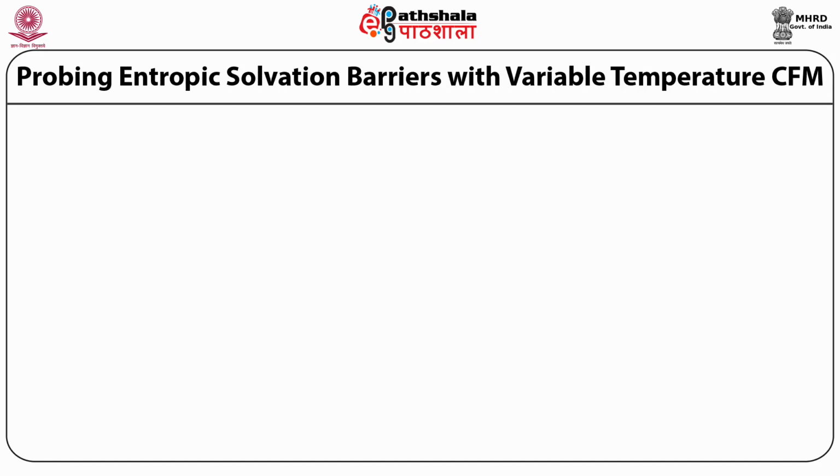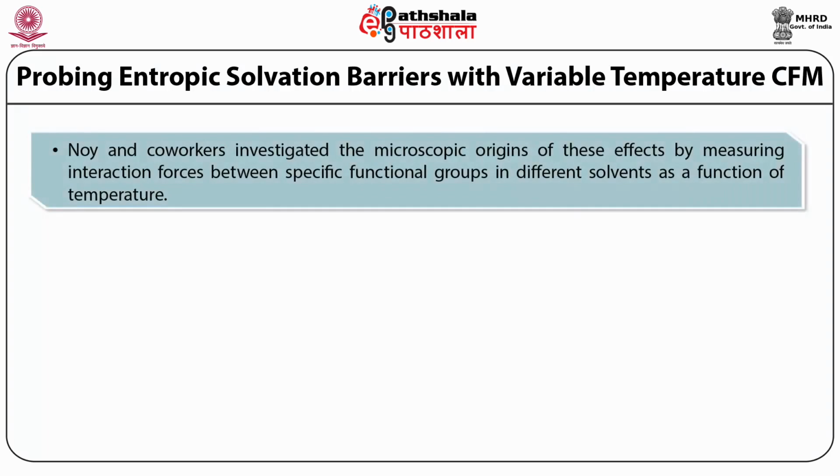Probing entropic solvation barriers with variable temperature CFM. Noy and co-workers investigated the microscopic origins of these effects by measuring interaction forces between specific functional groups and different solvents as a function of temperature.